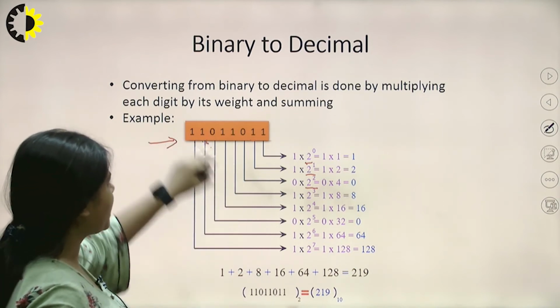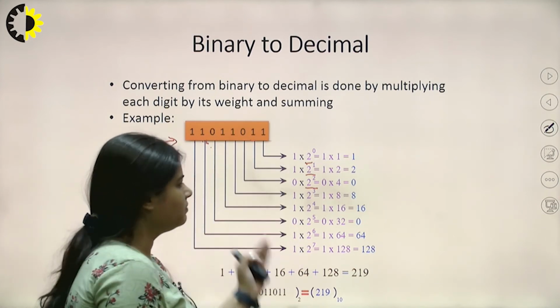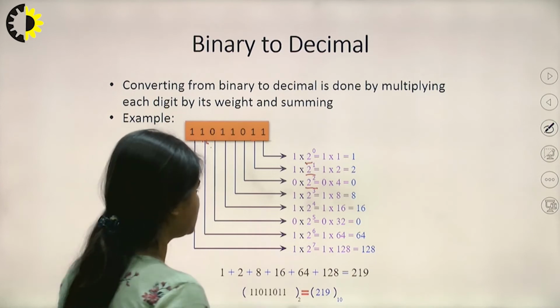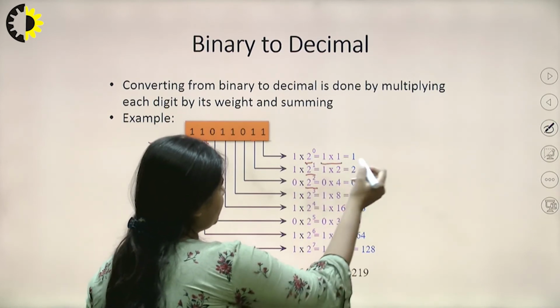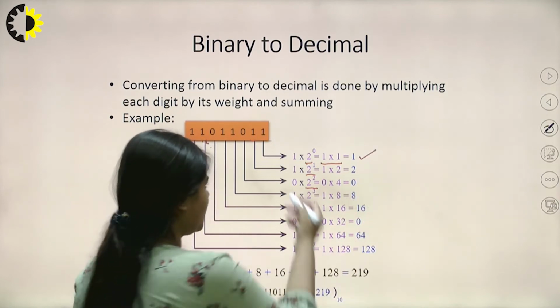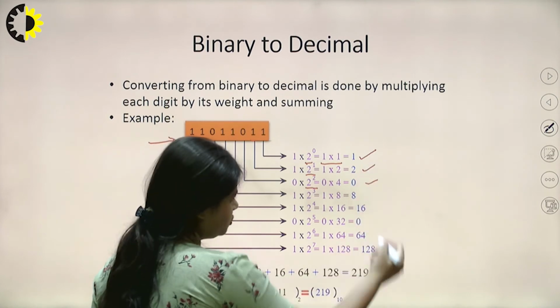We multiply each digit with 2 to the power in sequence. Here we can see the final calculation: 1 into 2 to the power 0 is 1 multiplied by 1, and we are having 1 as output. And again 1 into 2 is 2, 0 into 4 is 0, and so on.